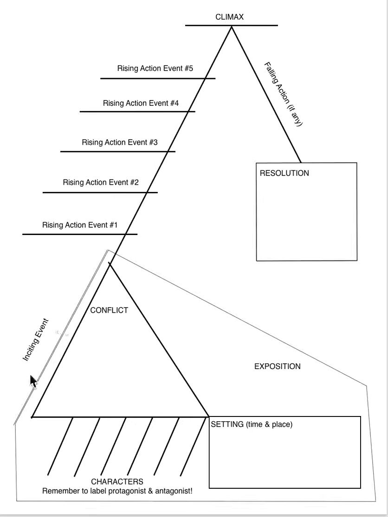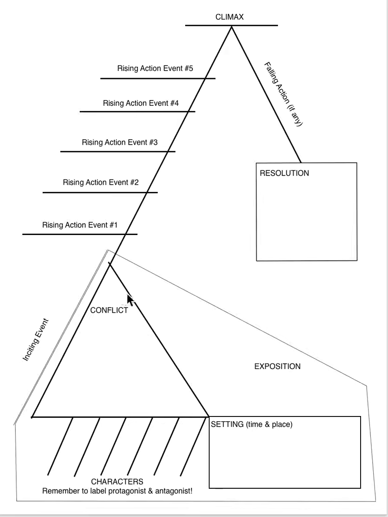Now, you do not need to draw this big circle around the exposition when you draw one of your own, but you do need to include the box for setting, time and place, the lines for characters labeling your protagonist, the main character experiencing the conflict, and your antagonist. And if your antagonist is not a character, you can just list it below the character lines down here.